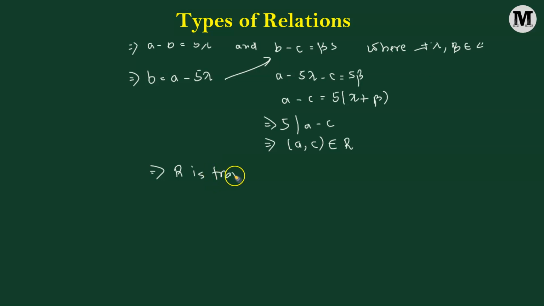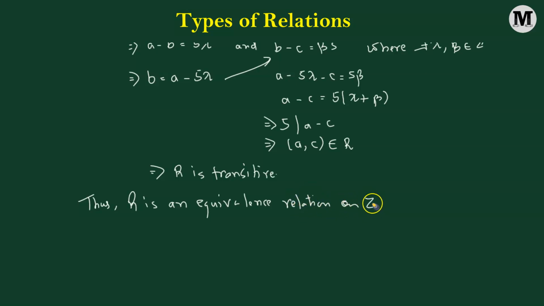Now this is a transitive relation. Since we have been successfully able to show that our relation R is reflexive, symmetric as well as transitive, thus R is an equivalence relation. This is an equivalence relation on the set of integers Z.